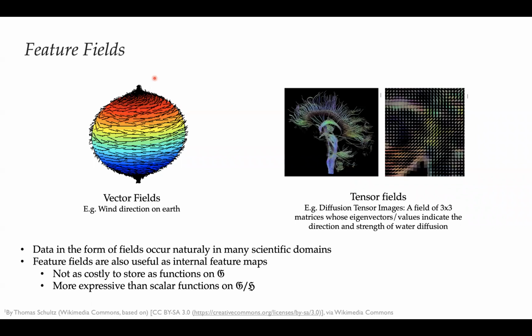So by using feature fields, like for example, having your feature maps internal to the network be vector fields or tensor fields or something else, you have some intermediate solution where your kernel is less constrained and your features are a bit more expressive than scalars, but you don't pay the full computational cost of convolving on the group.